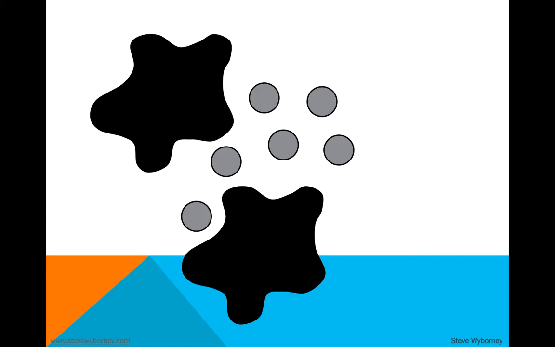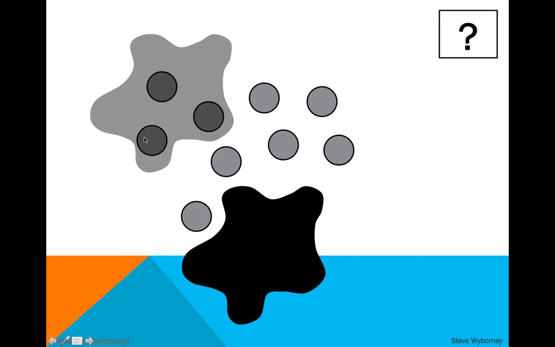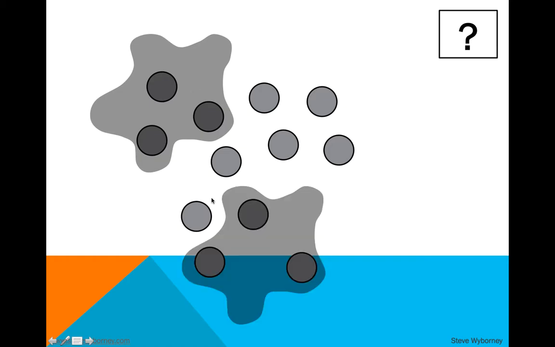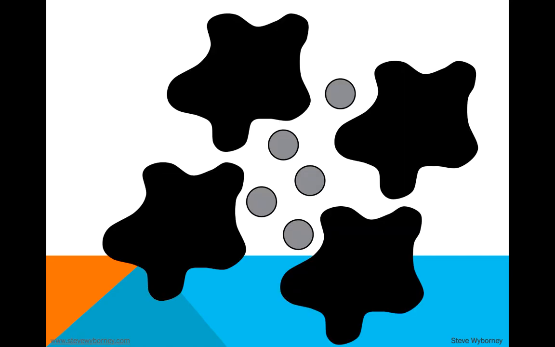Let's try another one. Okay, how many are outside? There are 6 outside. Let me show you the splat. 3 inside, so that means there's also 3 in here. So we have 3 and 3, 6, and then 6 more. Did you get 12? Good. Let's try another one. There are 1, 2, 3, 4, 5 here. Let me show you the first splat.